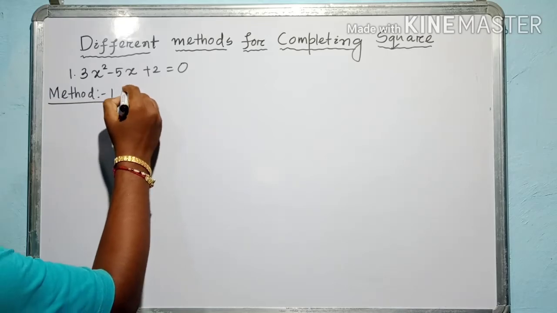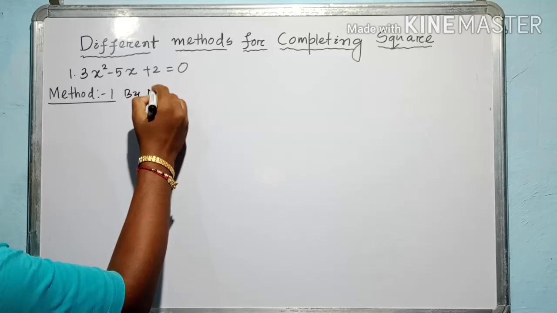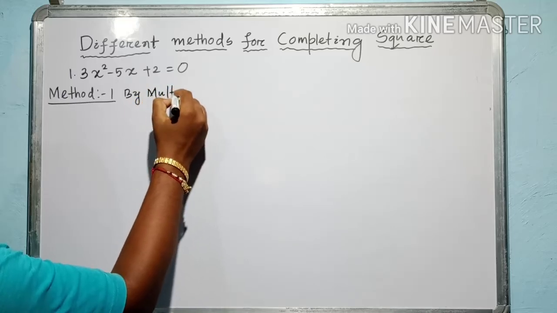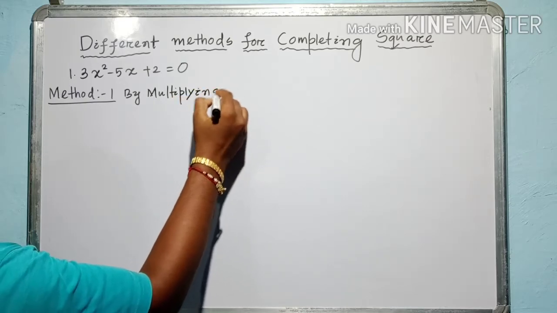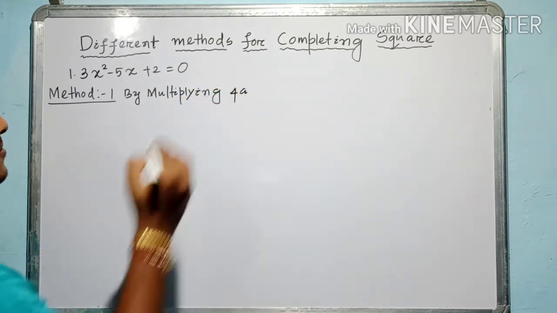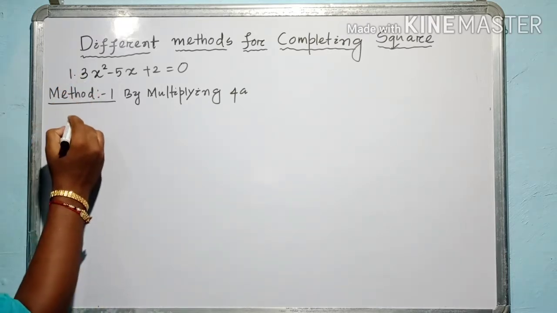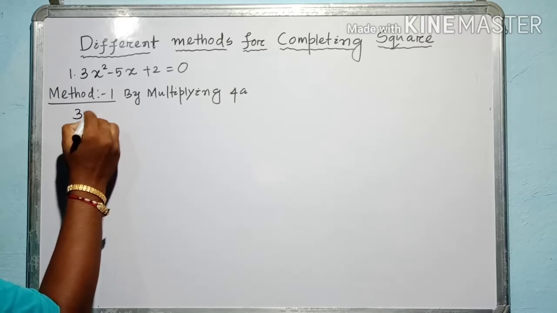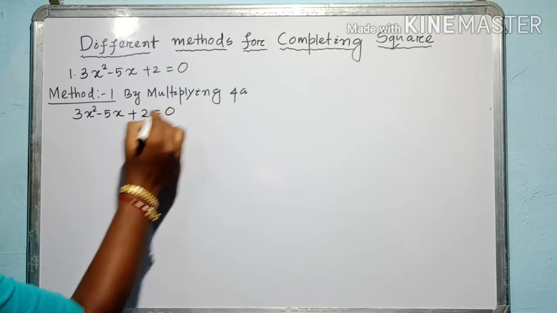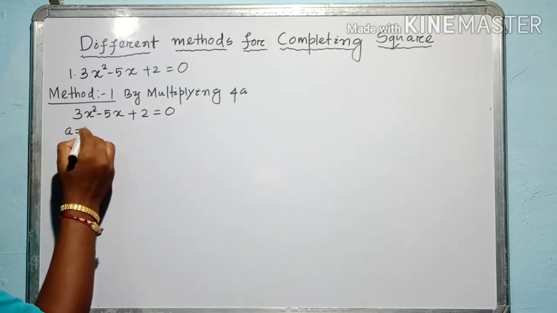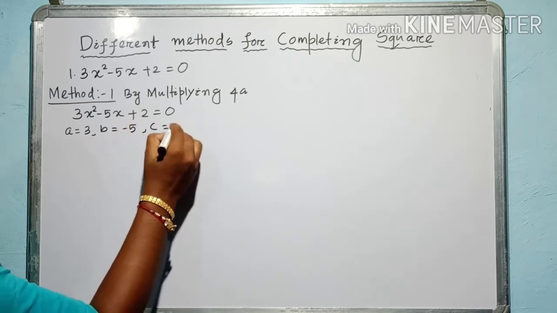By multiplying 4a. For this equation, 3x square minus 5x plus 2 is equal to 0, a is equal to 3, b is equal to minus 5, c is equal to 2.